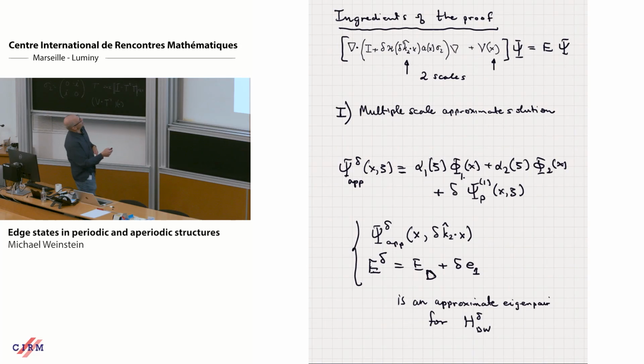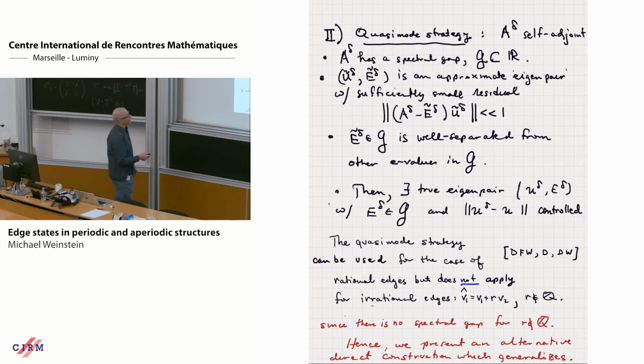Now, the ingredients of the proof are, first of all, one can make a multiple scale expansion to any order, but let's look at it just out to first order. That gives you an approximate solution. So I can construct a function of this type such that this pair is an approximate eigenpair.